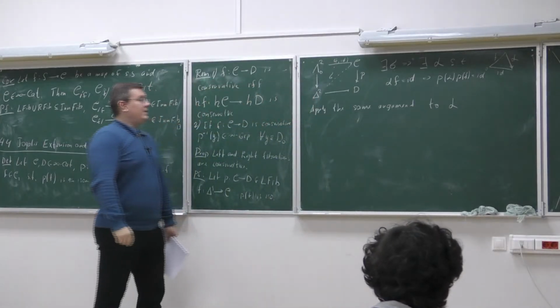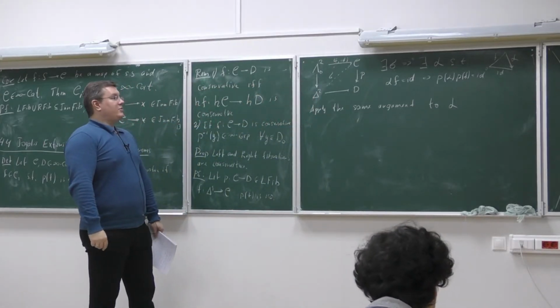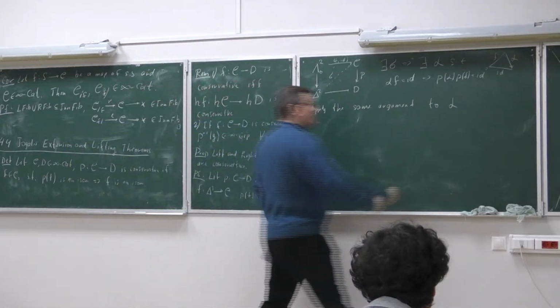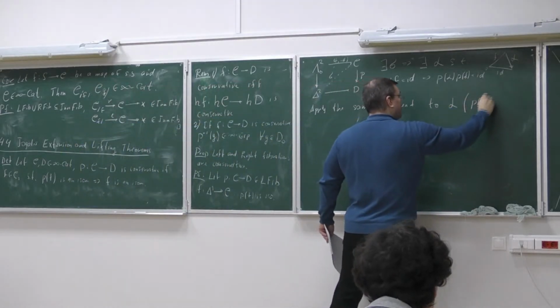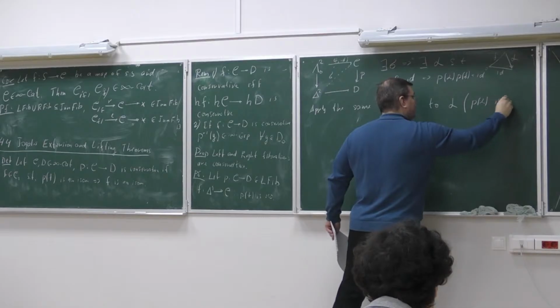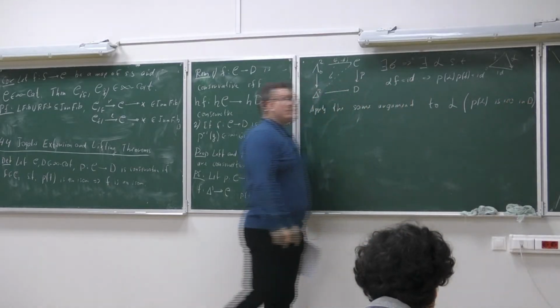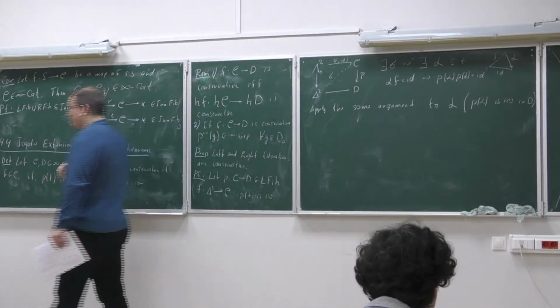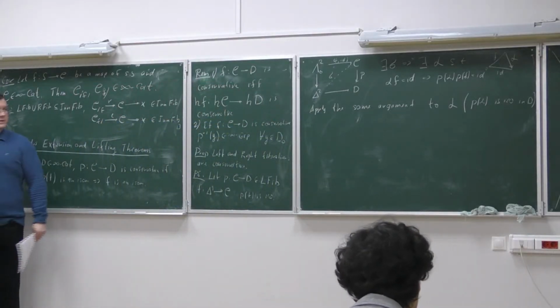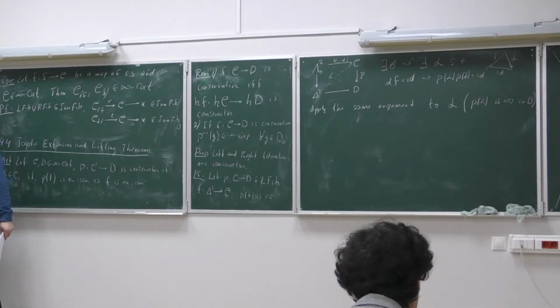And I can apply this argument because P of alpha is an isomorphism in D, right? So in C, this is only a left inverse, but when I apply P, this will be an isomorphism, right? Because I can take this 2-simplex, map it there, and this exactly tells me that there is an isomorphism.